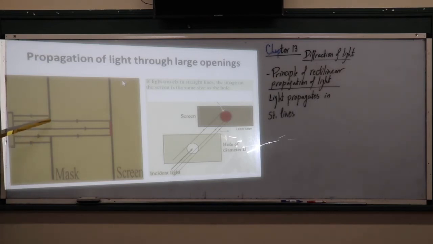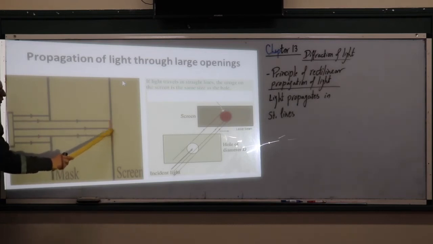And as you see, from here on and from here on, light is blocked, whereas the rays continue moving parallel to themselves in straight lines, especially at the edges. Look here, at the edges, it continues in a straight line.